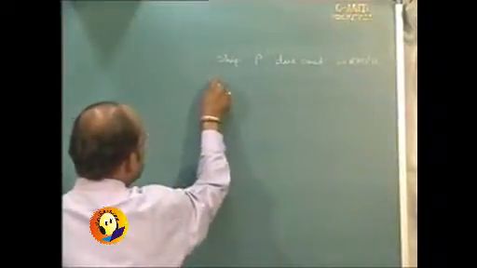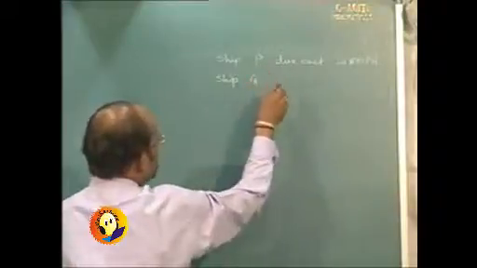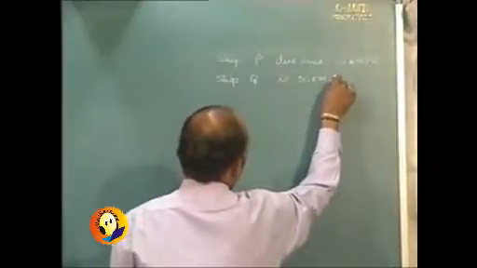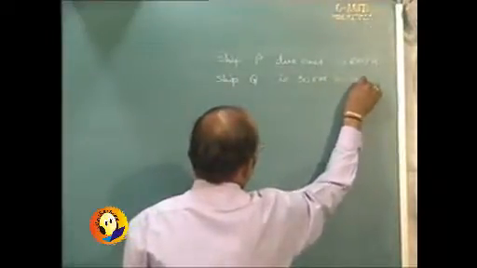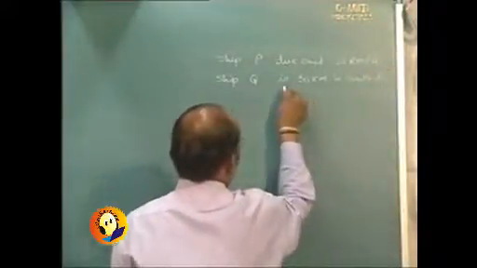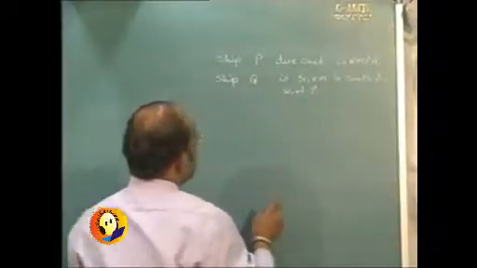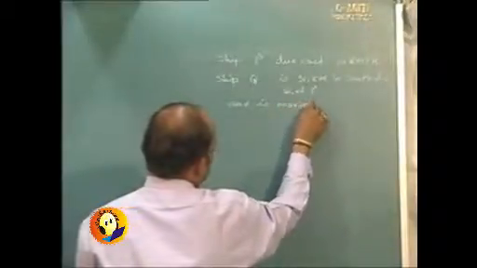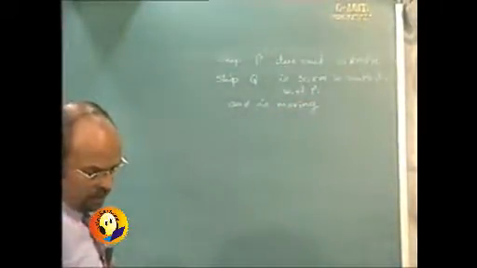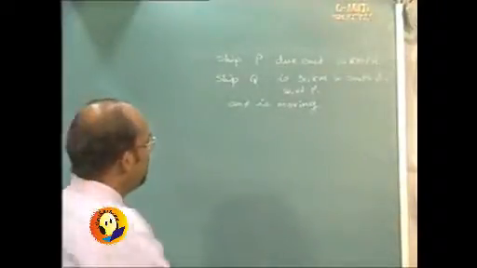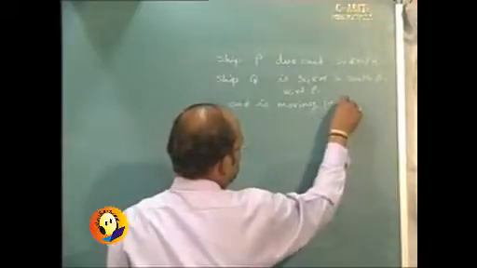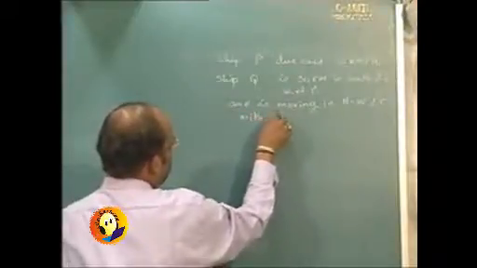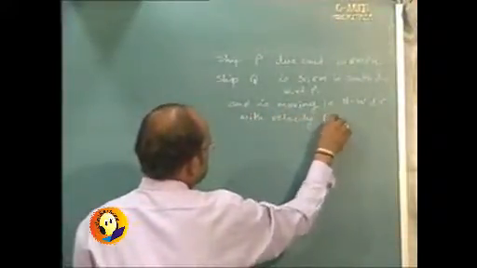At that time, ship Q is 30 kilometers in the south direction with respect to P, and is moving in northwest direction with a velocity of 16 kilometers per hour.